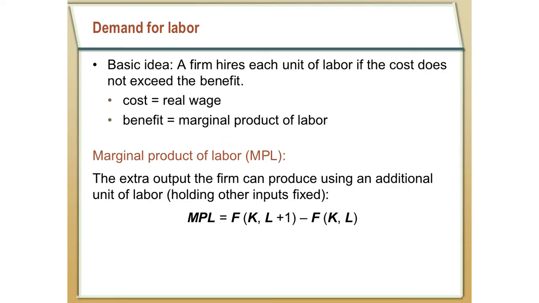And so that's the definition of MPL, the marginal product of labor. It's the difference between our initial production level and the production level after we hire one more worker, L plus one, compared to the situation where we have L workers, holding all other inputs constant. How much additional value does that worker create? Right? That's the benefit to the firm.